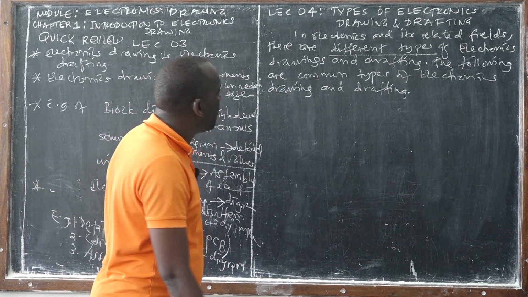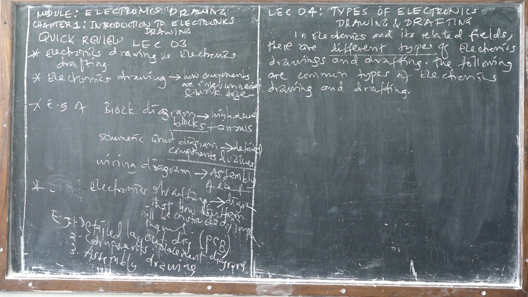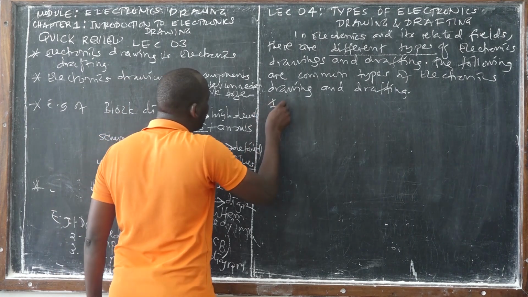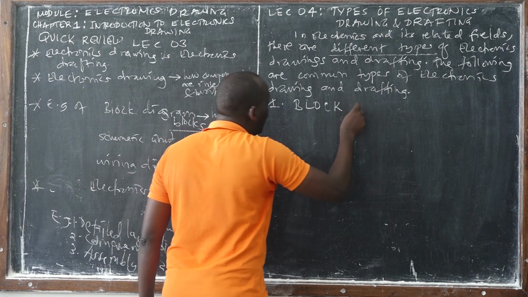The following are the common types of electronics drawings and drafting. We are going to discuss almost 7 types of electronics drawing and electronics drafting. So stay tuned. Then the first type of electronics drawing is called the block diagram.